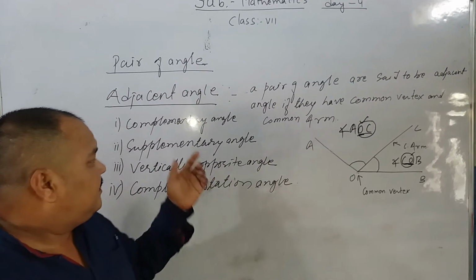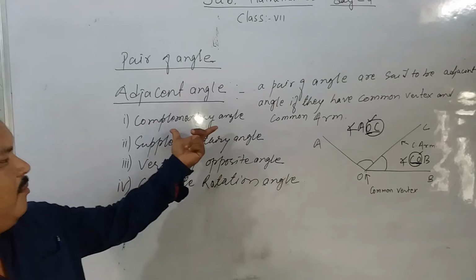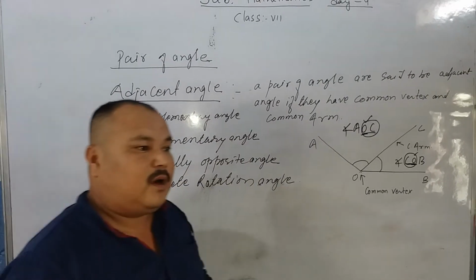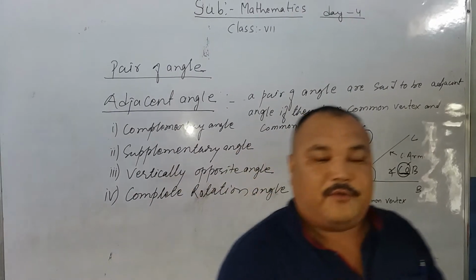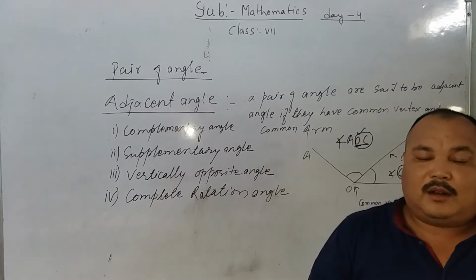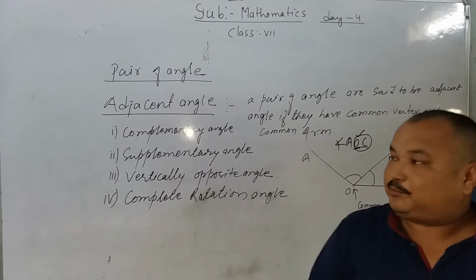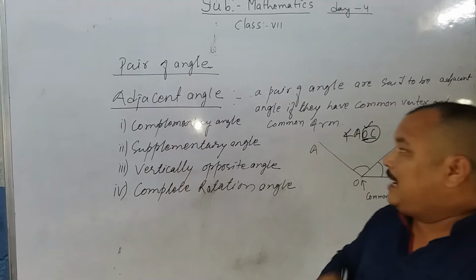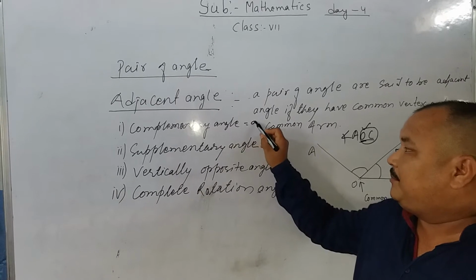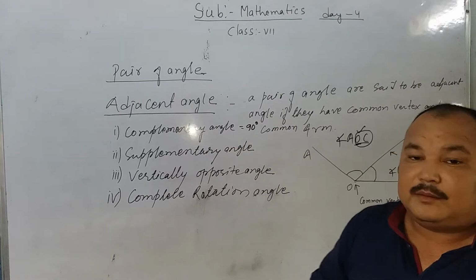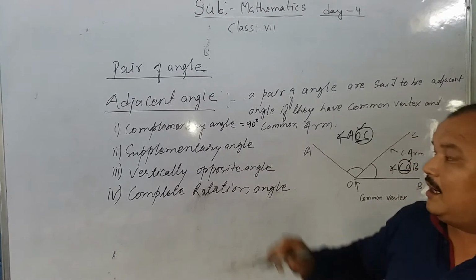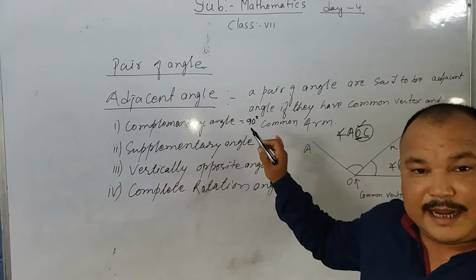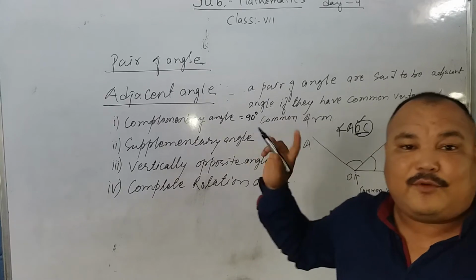So we learn first complementary angles. Complementary is one of the adjacent angles which have a definite measure, exactly 90 degrees. It means it has two angles.